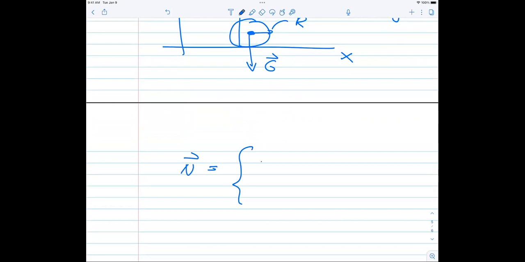We are going to assume now that it is minus k of r minus y of t, the position in the y direction, when y of t is smaller or equal to r, and then it's 0 when y of t is larger than r. So this is just a model which we're going to make.